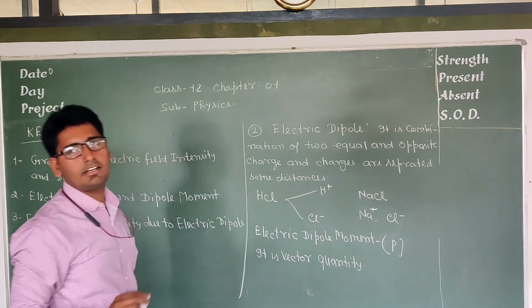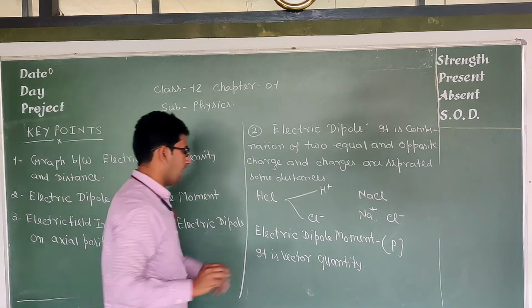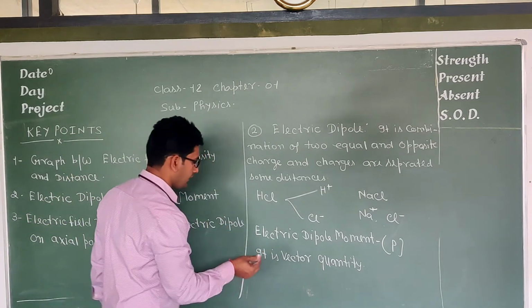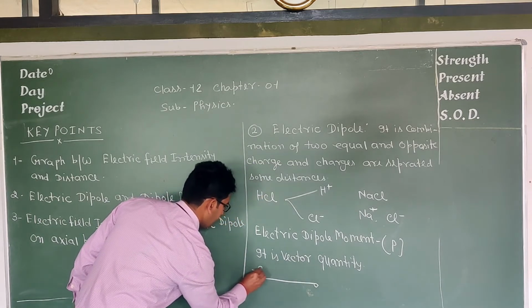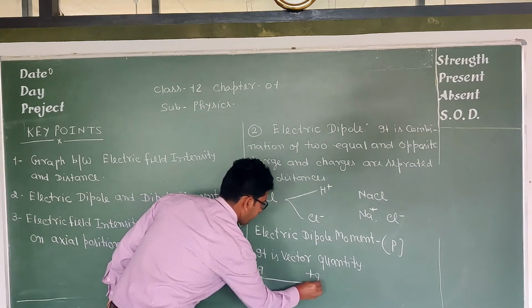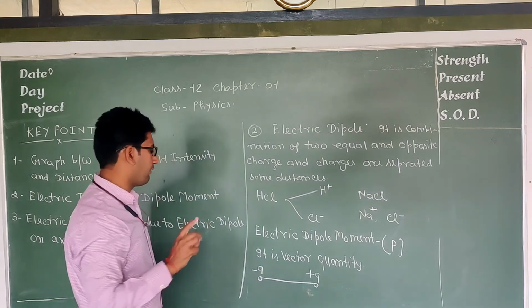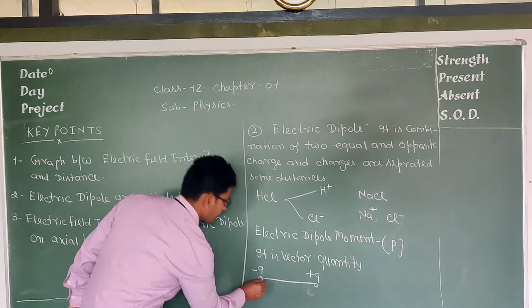And what is electric dipole moment? Electric dipole moment is the product of the magnitude of one charge and the distance between them.